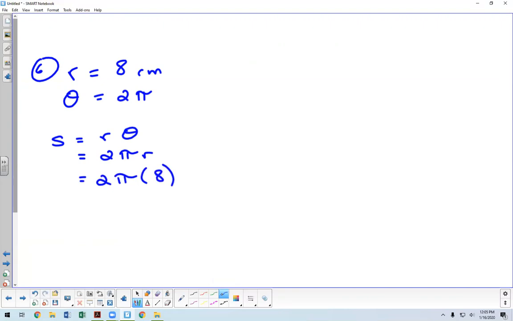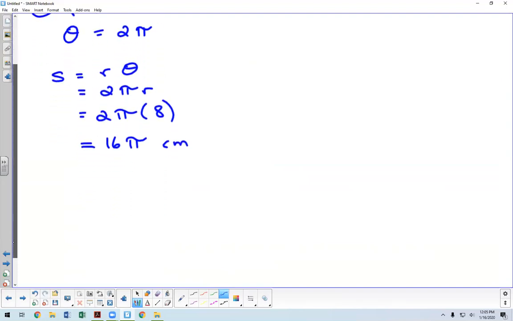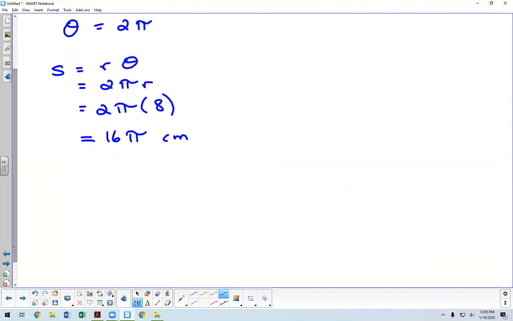So what does that end up giving us for the value of s? 50.27. But leave the pi as it is. Yeah, so you're literally just multiplying 8 times 2 and getting 16 pi. And remember, this will be in centimeters since that's what our radius is. And now to find the linear speed.